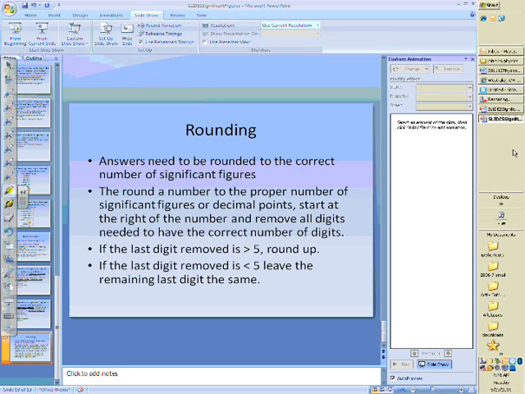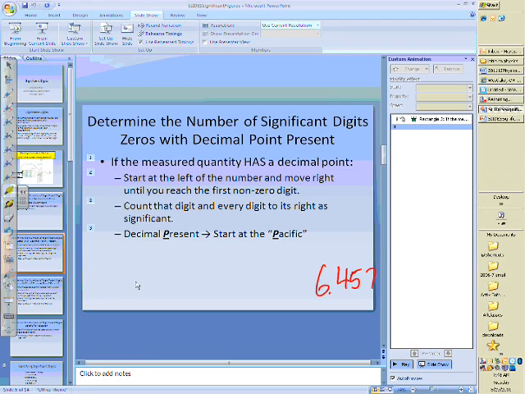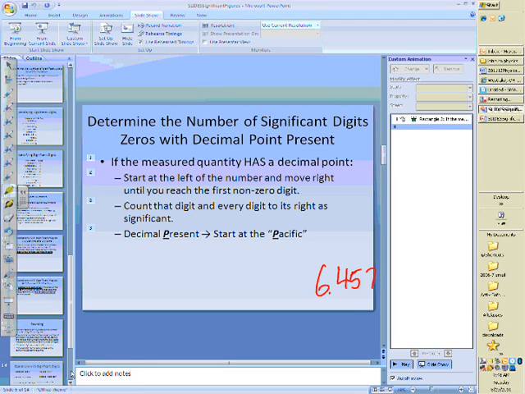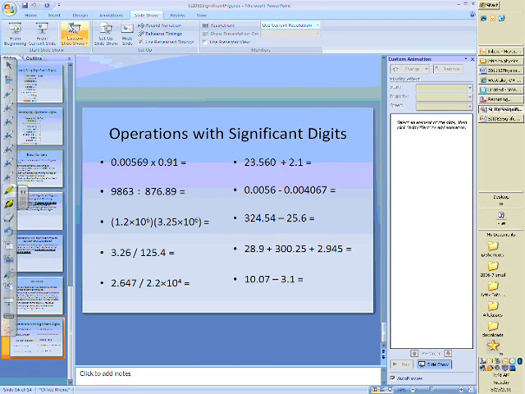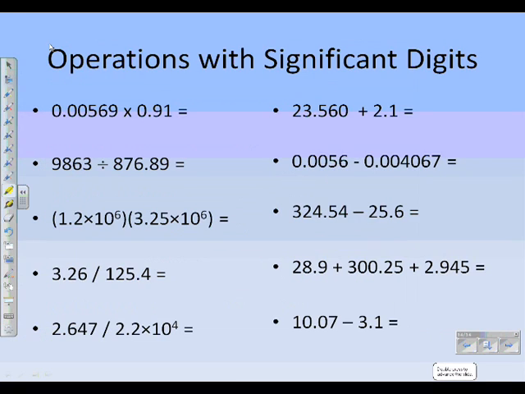One more thing I wanted to do for you. Here are some practice problems with multiplication, division, addition, and subtraction. You got 5 problems there. Take a couple of minutes, run them through your calculator, round to the correct number of significant digits based on the mathematical operations that are occurring there.